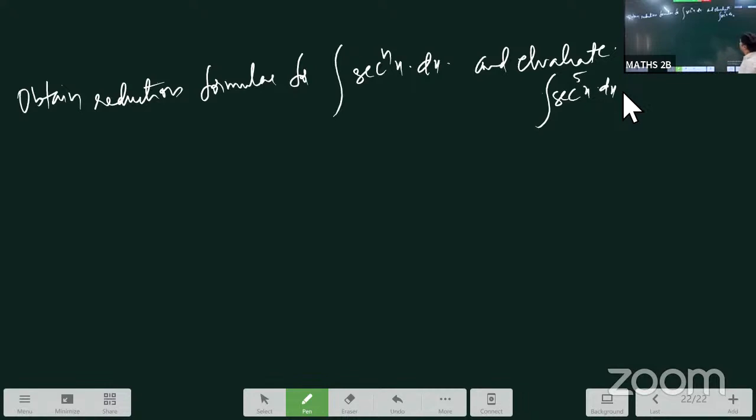And also evaluate integration of secant power 5x dx.